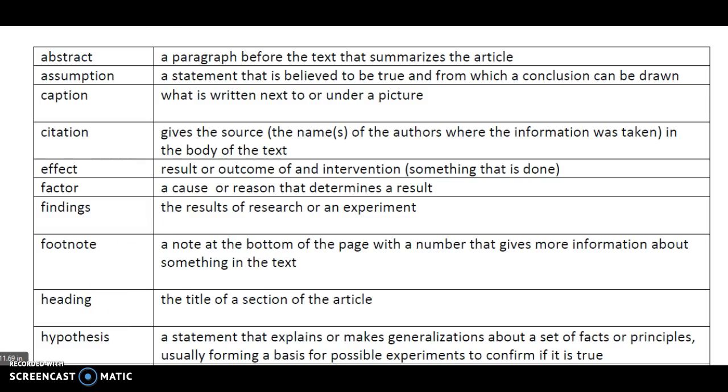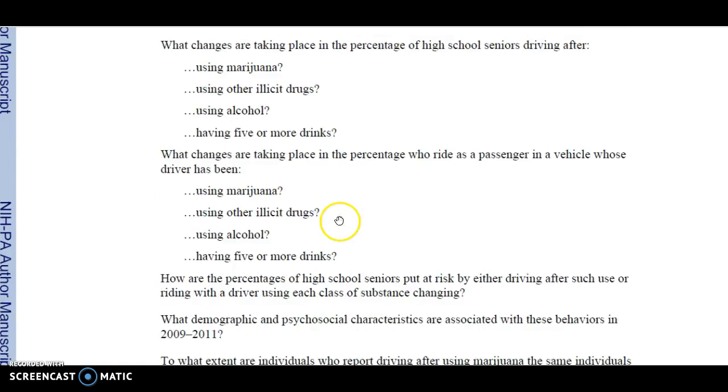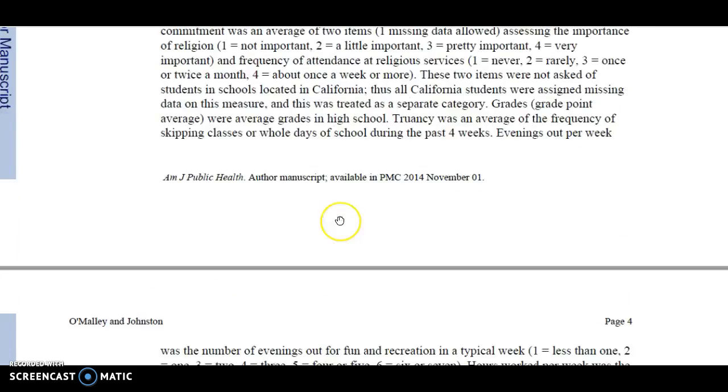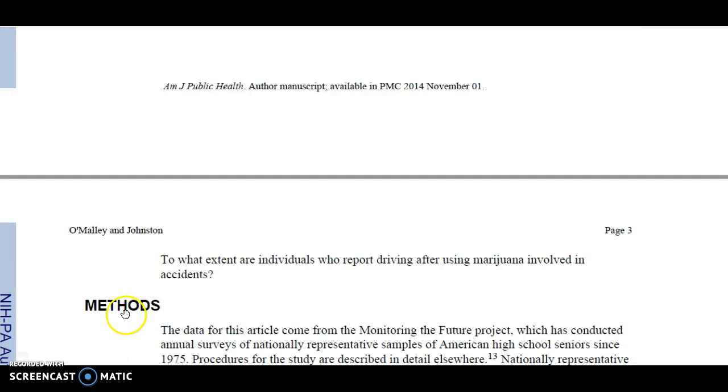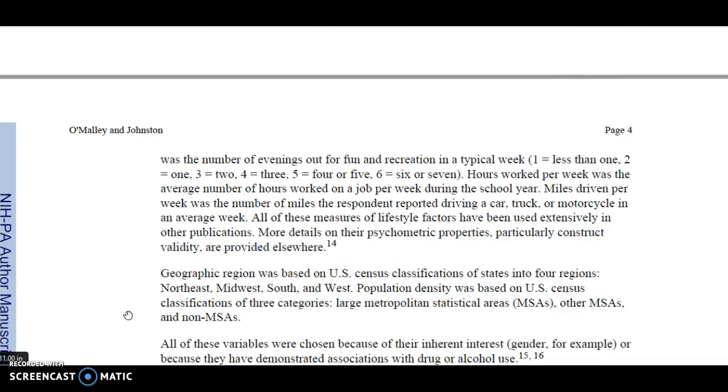A heading. Well, we know headings from previous articles, and if we look here in research articles, it's almost always the same 4 headings. We have introduction, and that gives us all kinds of information. Methods, how they did the research.